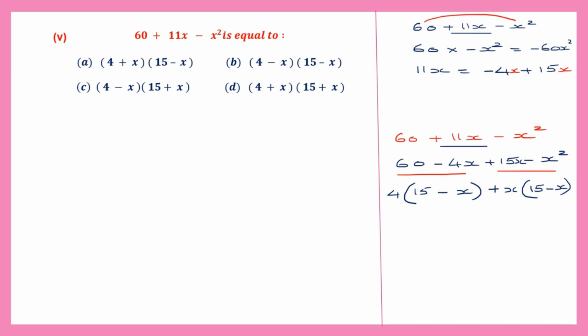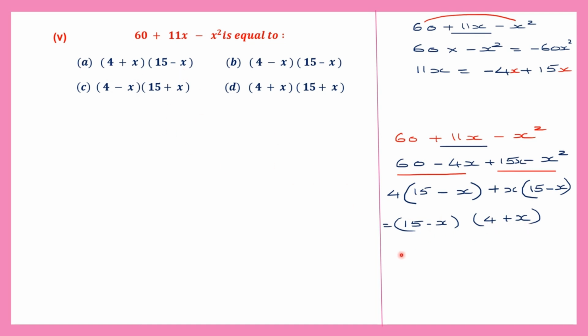So now my common factor here is 15 minus x. That's the first common factor. And the other one is 4 plus x. So I have two factors here, 4 plus x and 15 minus x. And that, as you can see, is option A. I have 4 plus x there, 4 plus x.